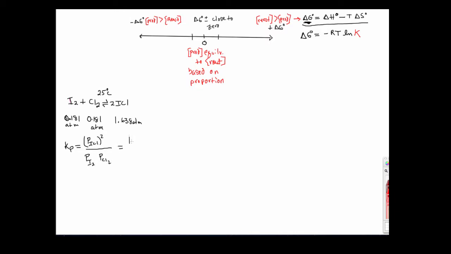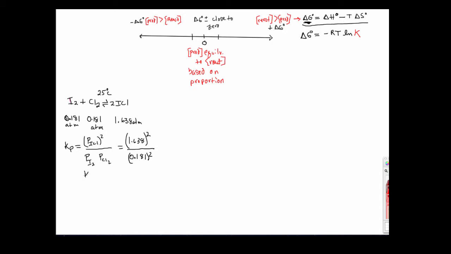So we're going to have 1.638 atmospheres squared divided by the partial pressure of iodine times the partial pressure of chlorine, which is going to be the equivalent of saying 0.181 quantity squared.